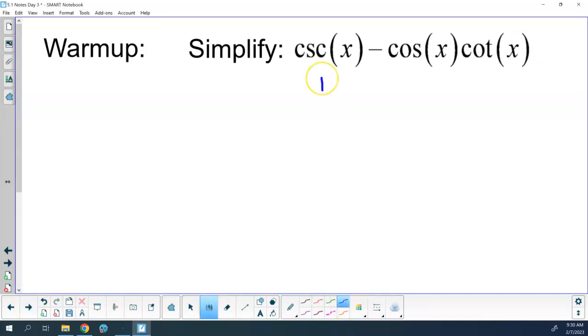So cosecant is 1 over sine. Cosine is cosine. Cotangent is cosine over sine.